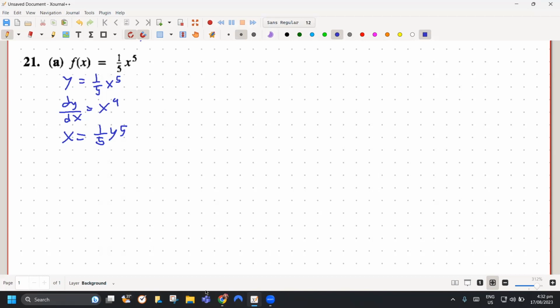Hello? Opo. So, pwedeng lagyan mo ng equation numbers yung mga equation mo dyan, kasi ang hirap i-point out eh. So, y equals 1/5 x to the 5th. That's, open parentheses, equation 1. And then equation 2 yung kasunod.